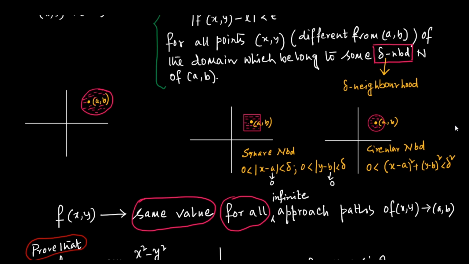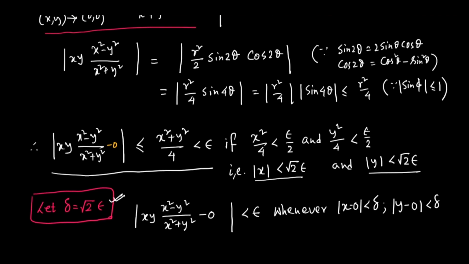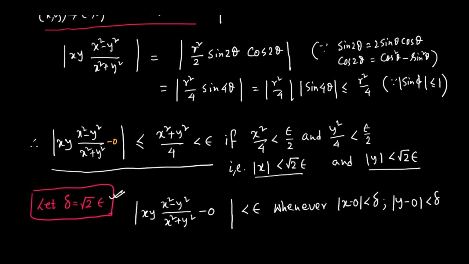What this represents is a square neighborhood. That means these inequalities represent a delta neighborhood of the point 0, 0.